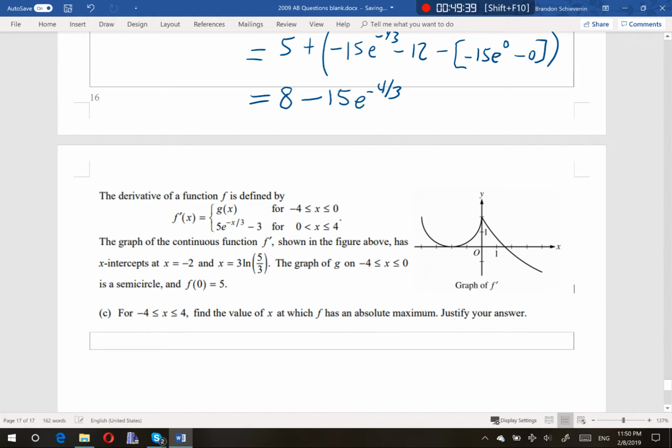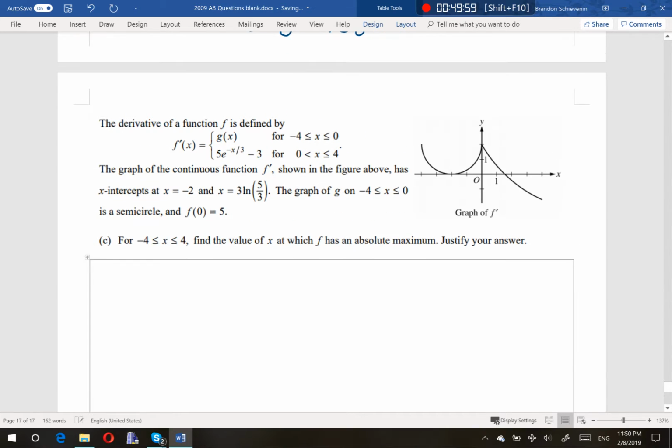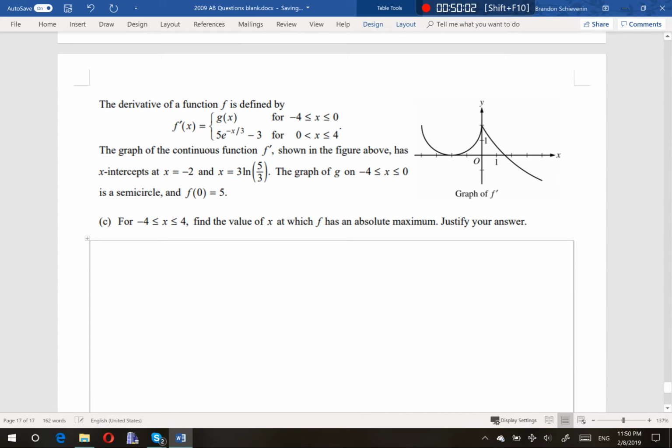Okay, last one says, for our values from negative 4 to 4, find the value at which f has an absolute maximum, and then justify the answer. So one more time, how do I find the absolute maximum of a function?